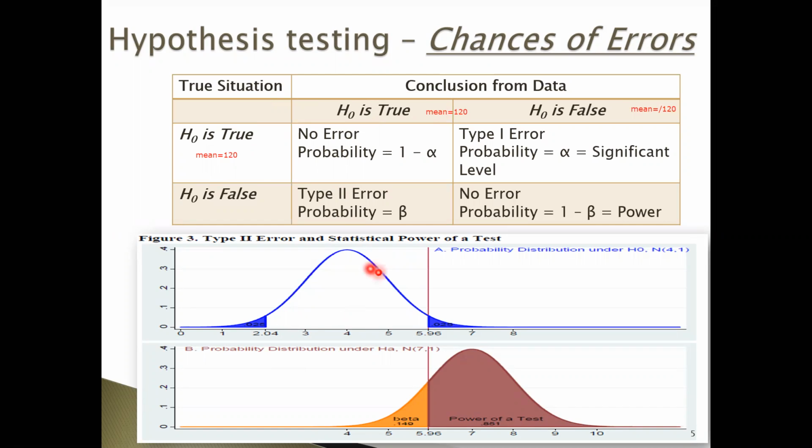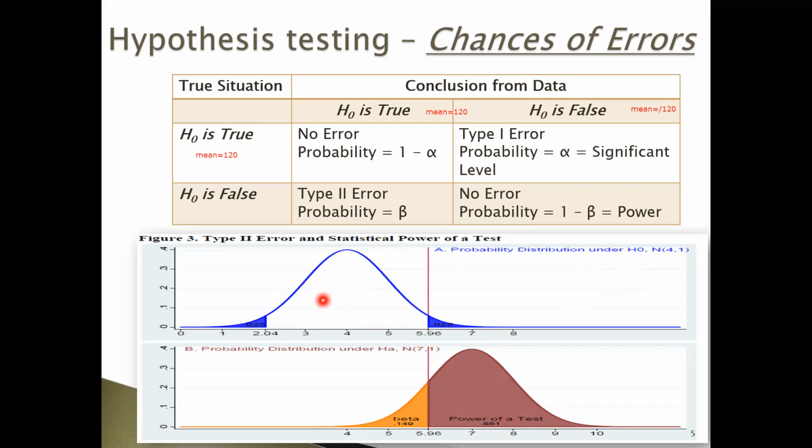Graphically, if we see, this blue area is the distribution of the null hypothesis, and the second curve is the distribution of the alternative hypothesis. Let's suppose our null hypothesis has a mean value of 4 and the alternative hypothesis has a mean value of 7.